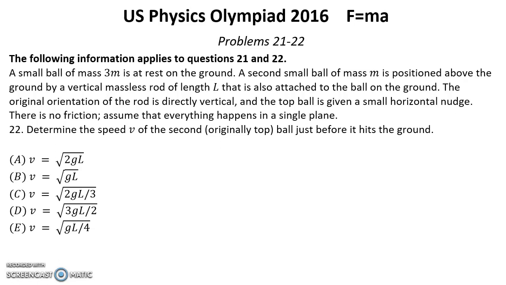So it means that the total potential energy of this system, which is mgL, goes to the kinetic energy of this small ball. The big ball is not moving at all. So we have this energy transformation equation, and from here we can find that the speed v equals the square root of 2gL. This is the answer A, and this is the solution for problem number 22.